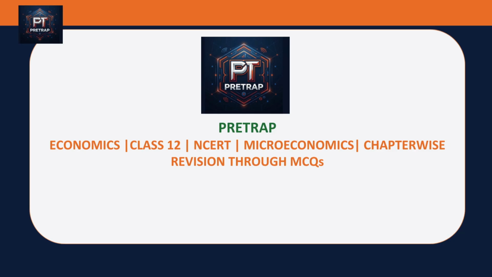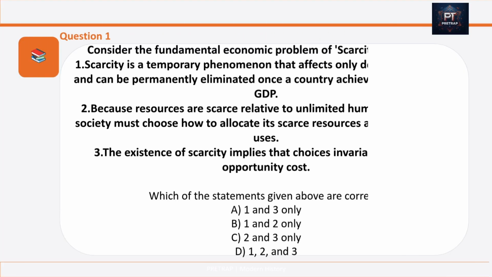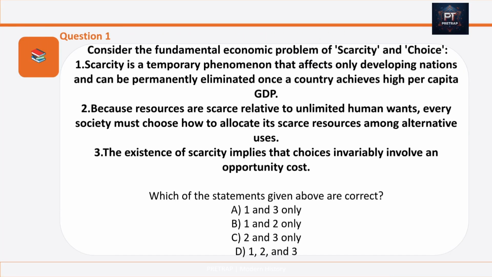So let's begin with question number 1. Consider the fundamental economic problem of scarcity and choice. Number 1. Scarcity is a temporary phenomenon that affects only developing nations and can be permanently eliminated once a country achieves high per capita GDP.